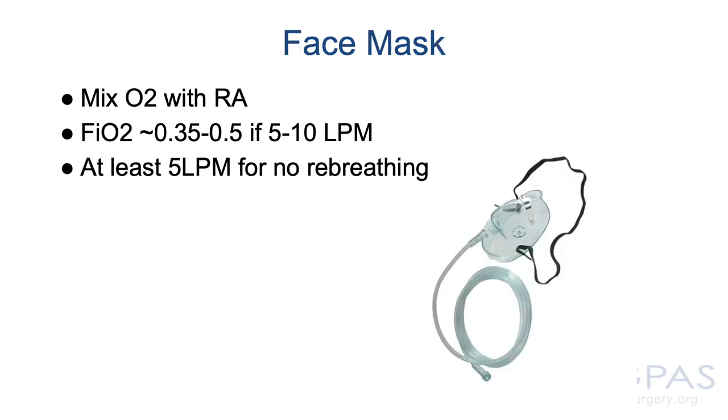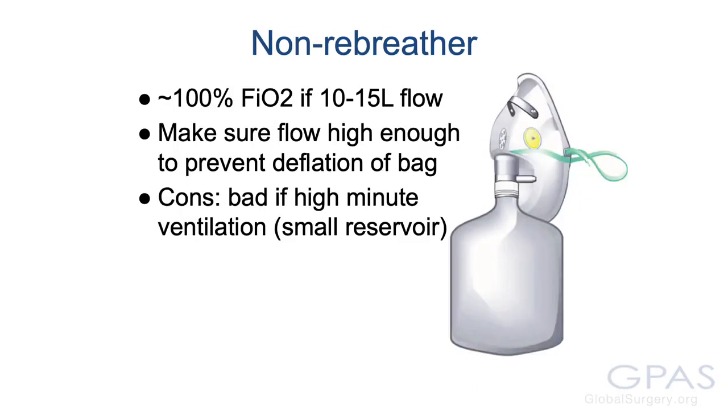The simple face mask, or the Hudson mask, delivers flows from 5 liters to 10 liters. The least amount of oxygen that must be delivered with a simple face mask is 5 liters. It may deliver FiO2s up to 50%. The non-rebreather delivers perhaps the highest flows of oxygen of the 3 devices.